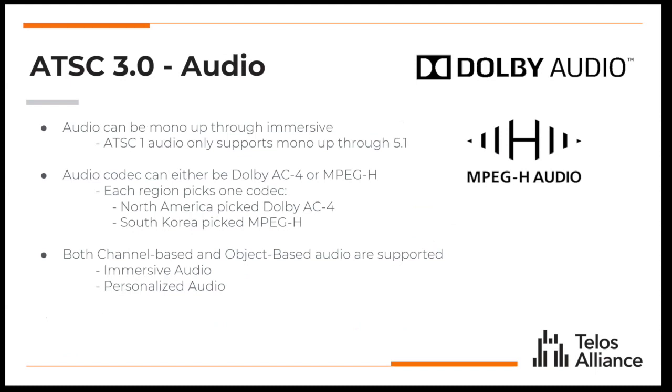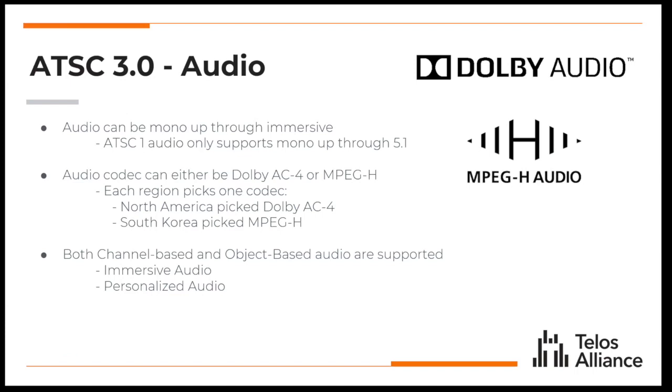There are 2 codecs that are listed, adopted in ATSC 3 as the emission codec. It's Dolby AC4 and MPEG-H. Each region that adopts ATSC 3 has to pick one of those 2 codecs. Here in North America, AC4 was adopted and South Korea chose MPEG-H.